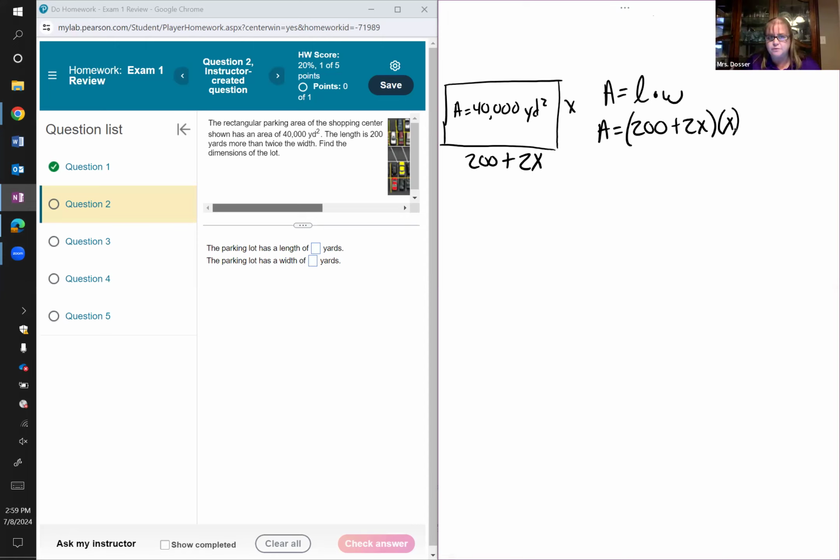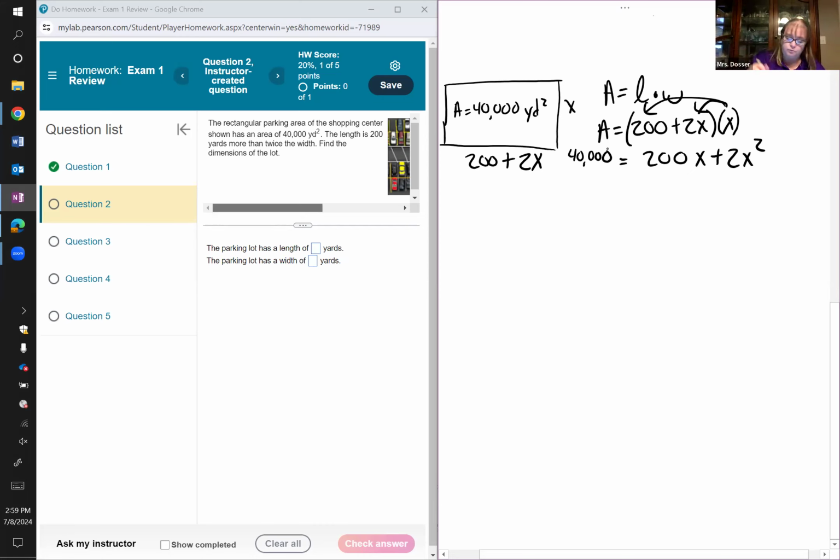And we don't want just the 2x, we want the whole length multiplied by x. So we do need parentheses, we do have to distribute. So we can distribute, and that gives us 200x plus 2x squared. And we know that's equal to the area, which is 40,000 square yards.